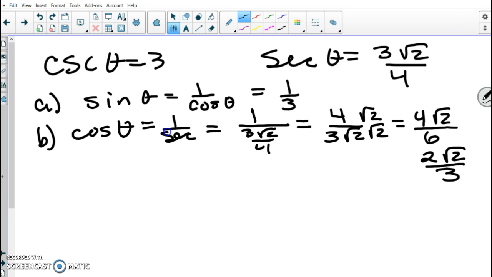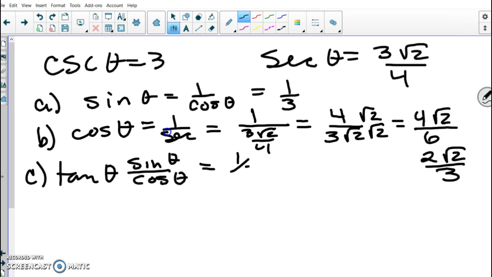Now the tangent, part C. The tangent of theta is defined as sine over cosine. So we're going to take those values that we just found, the sine being 1/3, the cosine of the same angle being 2 roots of 2 all over 3.